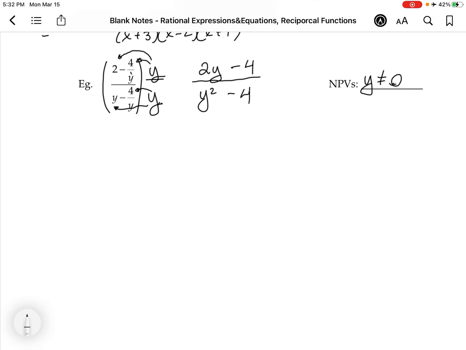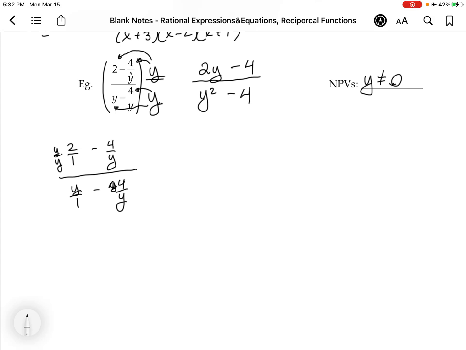The other thing that you can do is get a common denominator within the numerator and the denominator. Okay, so if you look at 2, this is currently 2 over 1 minus 4 over y, okay, over y over 1 minus 4 over y. Okay, well, the LCD between y and 1 is y.